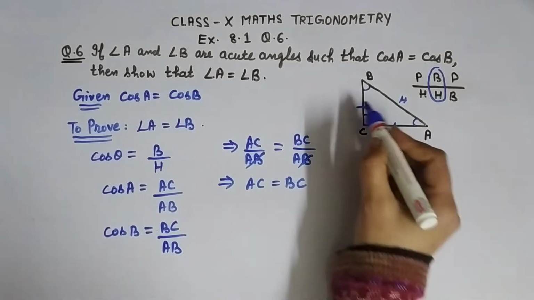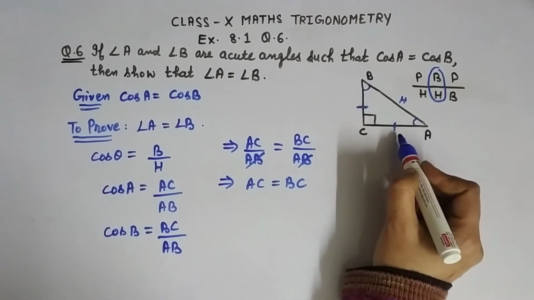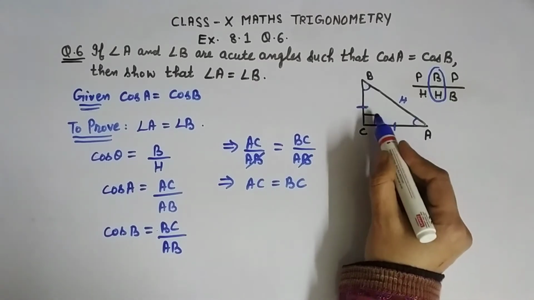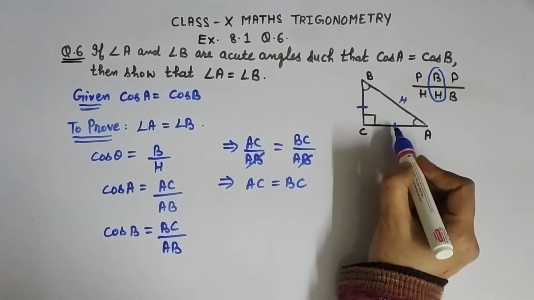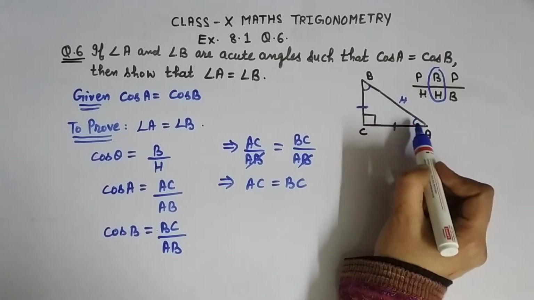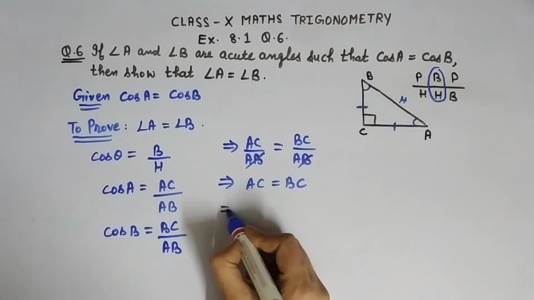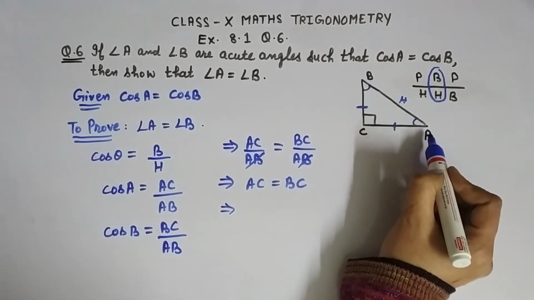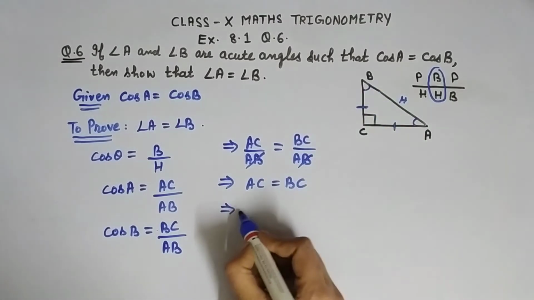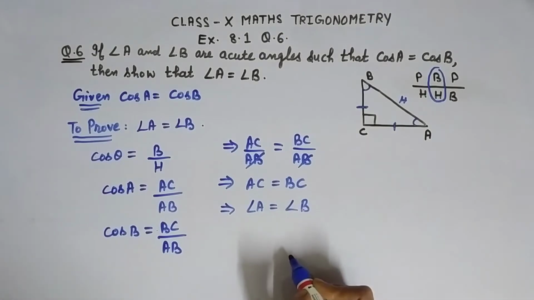It means two sides are equal, and if two sides are equal in a triangle, then opposite angles are also equal. So we can write here opposite angles are angle A and angle B, so angle A is equal to angle B.